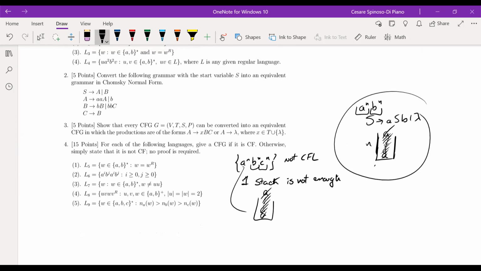So I need actually more than just a stack. I need something like 2 stacks. If I had 2 stacks where I could push A's, then pop them for B's, and at the same time push B's and then pop B's, that would be enough to accept the language. But that's not 1 stack, that's 2 stacks.